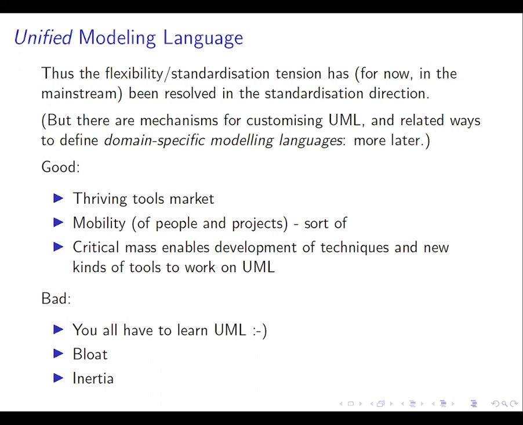The bad things about standardization on UML are, well, you all have to learn UML, and that's not as easy as it might be. The need to establish a consensus, because so many people had to buy in to UML, has led, I think it's fair to say, to bloat in the language. This is why it's so big.